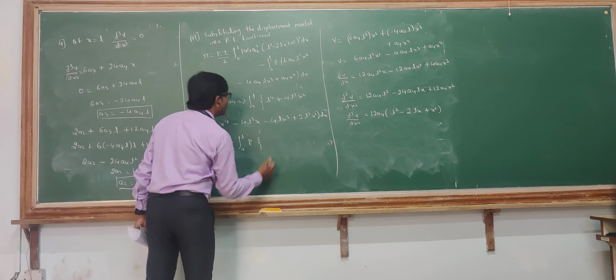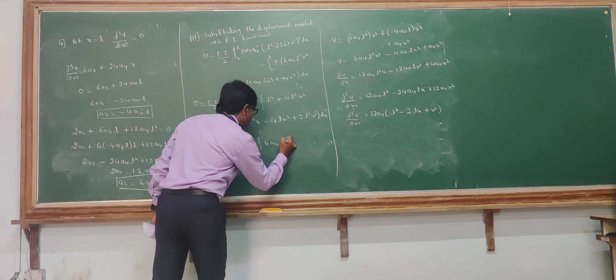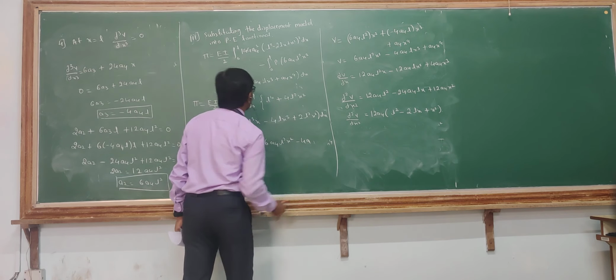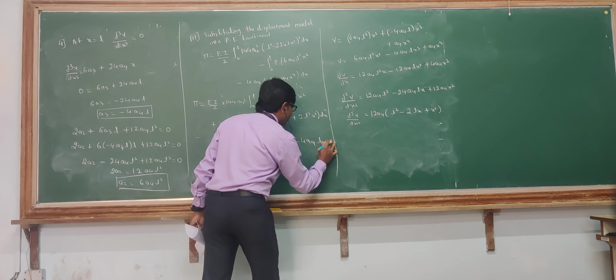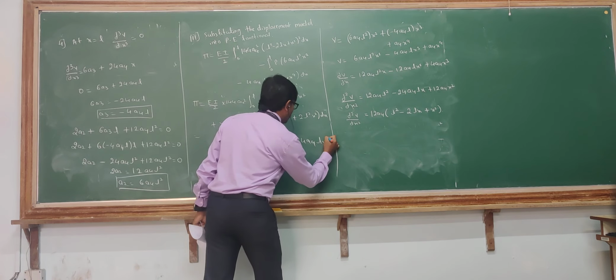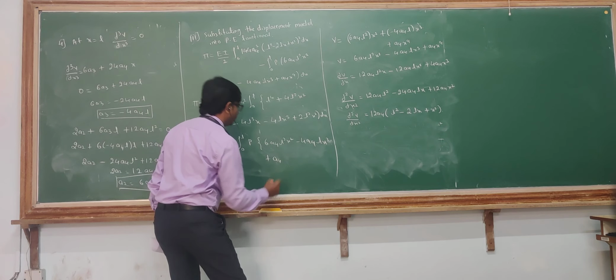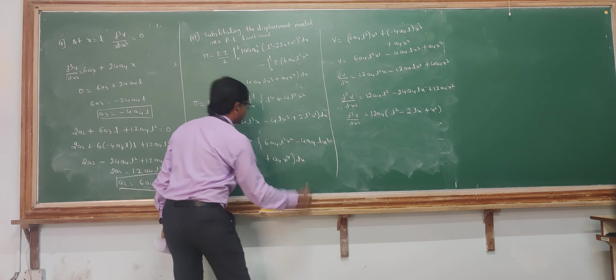And then minus integration 0 to L p, you will be getting this one, 6A4 L square x square minus 4A4 Lx cube plus A4 x raised to 4 into dx.